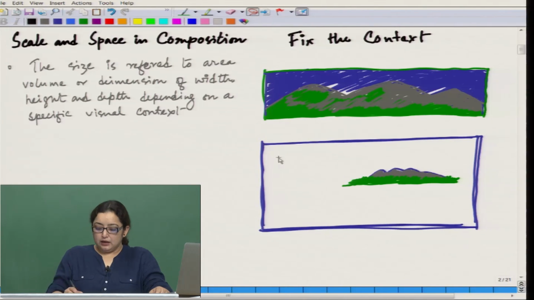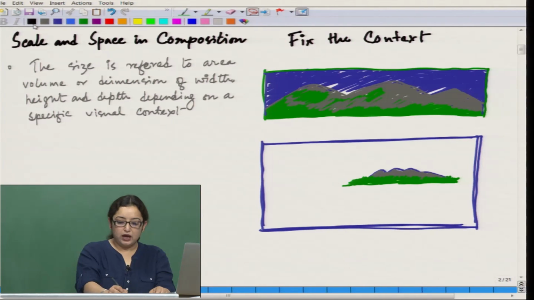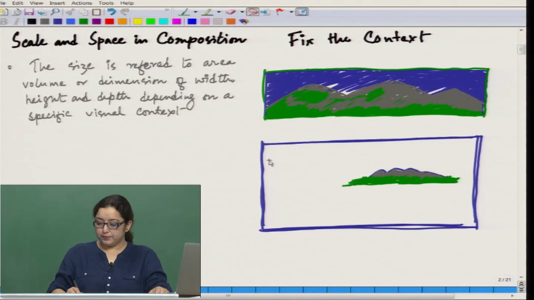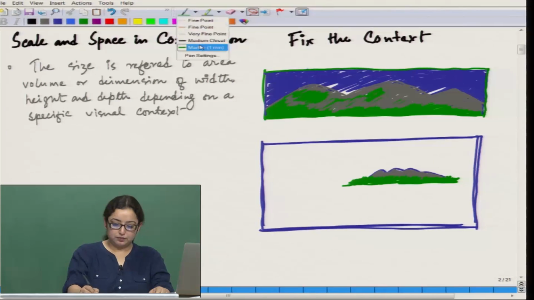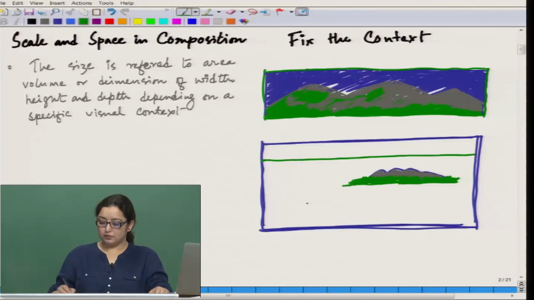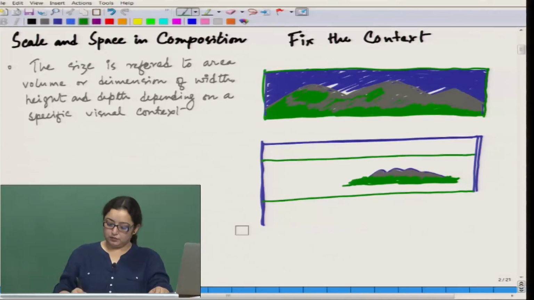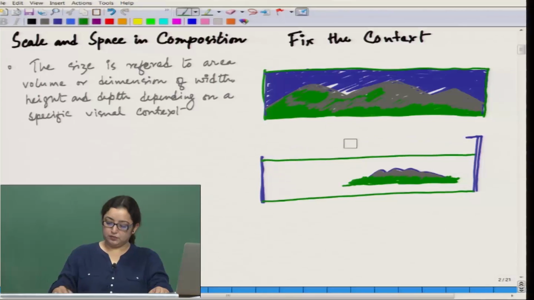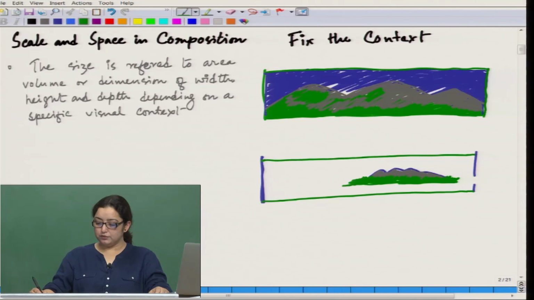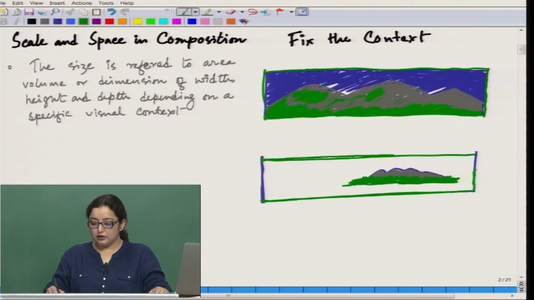So, this space, if we again specify the composition to have this much of an area, which is similar to the earlier proportion, what we will see is the mountain is smaller in proportion in the context.